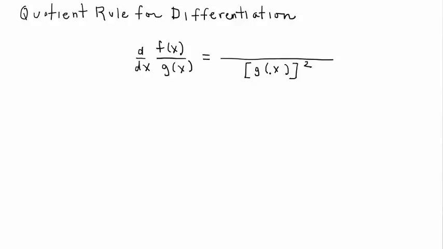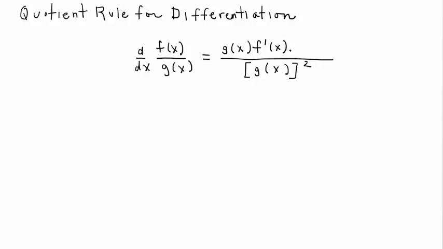Now, how do you build the numerator for the derivative of a quotient? You build the numerator by starting with the denominator of the problem, no derivative, but you multiply it by the derivative of the numerator. In a quotient situation, we don't add, but we subtract.